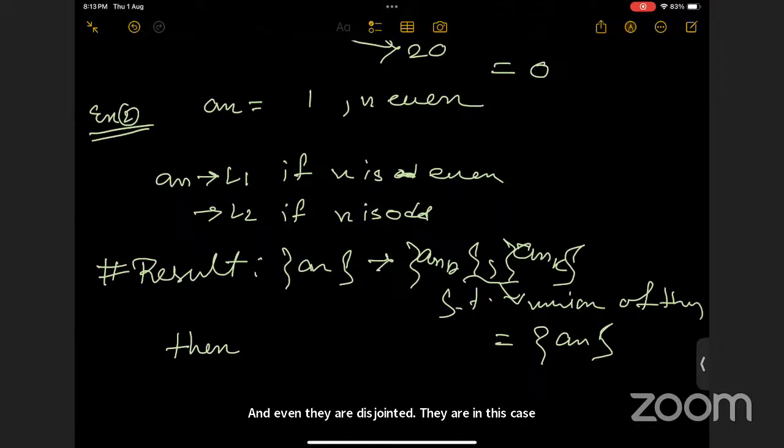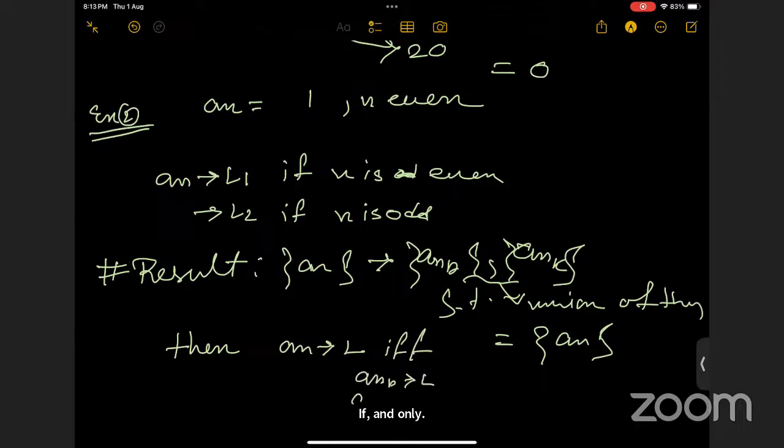They may be disjoint, but the union is the whole sequence. Then we have a result that a_n converges to some L if and only if all the subsequences converge to the same number L.